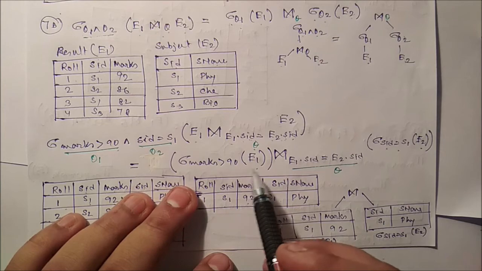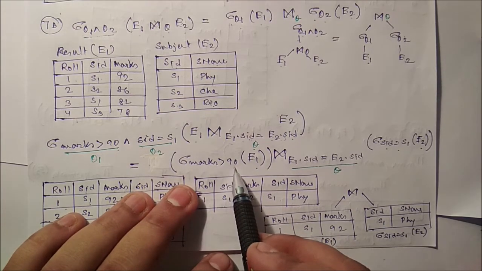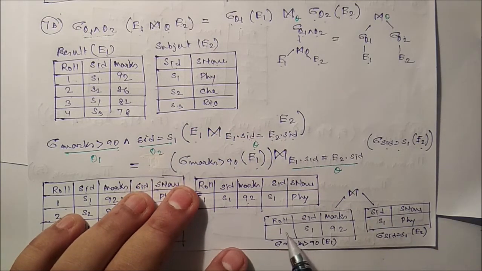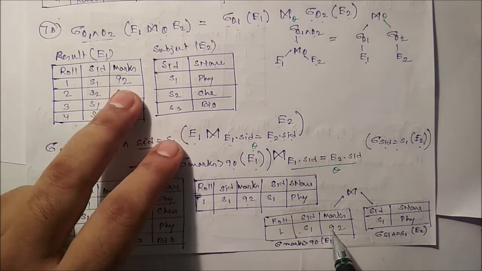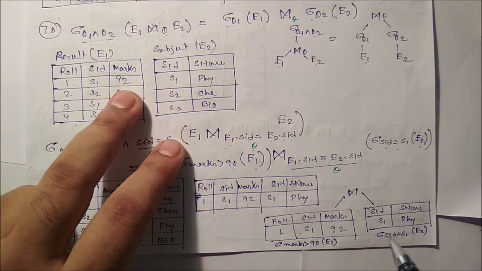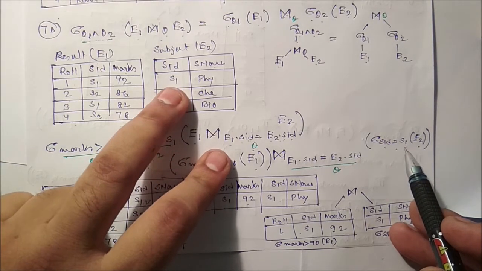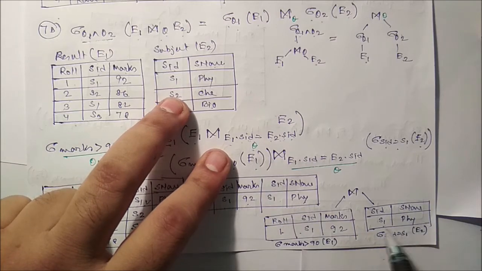Or what you can do, first of all apply this particular condition. First identify the marks which are greater than 90 from the table E1. So from the table definitely you can get the result 1 S1 92, because only one roll number is there where the marks are greater than 90. And from this other table we have to select only the S1. So there is a single row record.